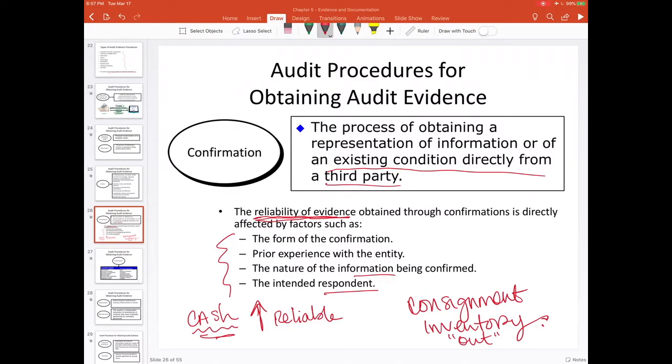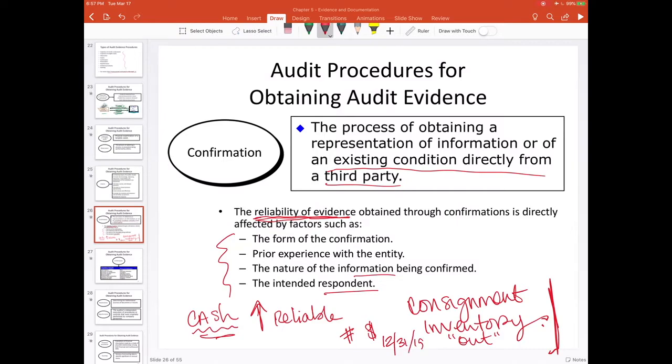And in these cases, a lot of times what we can do in order to validate the amount of consignment inventory out is send a confirmation to whoever physically has that inventory. And we can say, hey, can you confirm that you physically have these numbers and these dollar values of inventory as of the balance sheet date.